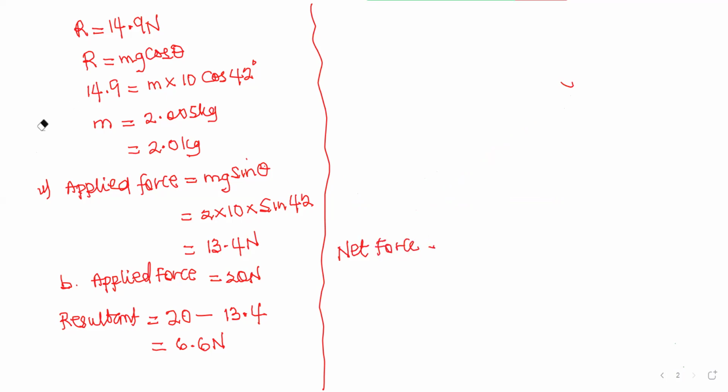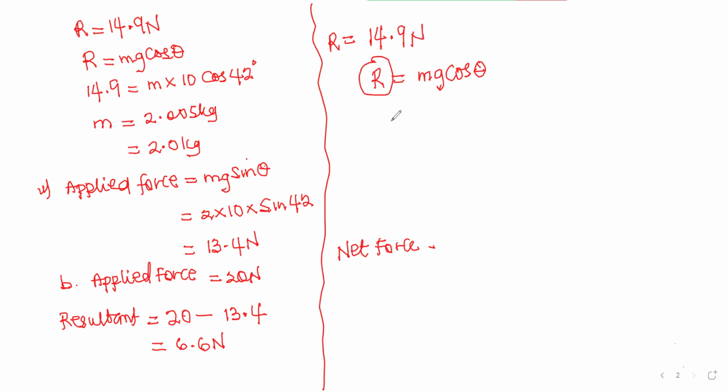Farida, we're given the reaction force, 14.9. We're told that the reaction force acting on the body is 14.9. And we know that on an inclined plane, the normal reaction is equal to mg cos theta. So R is 14.9 Newton.